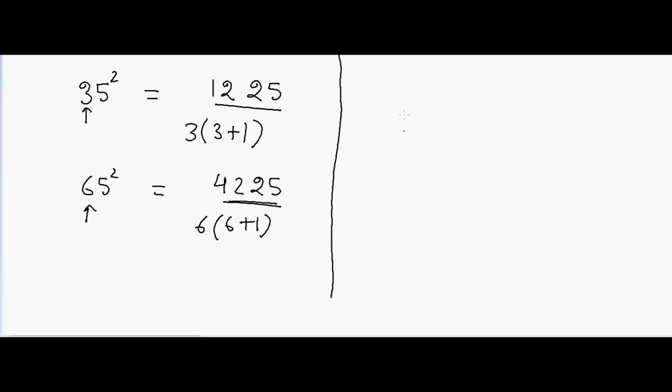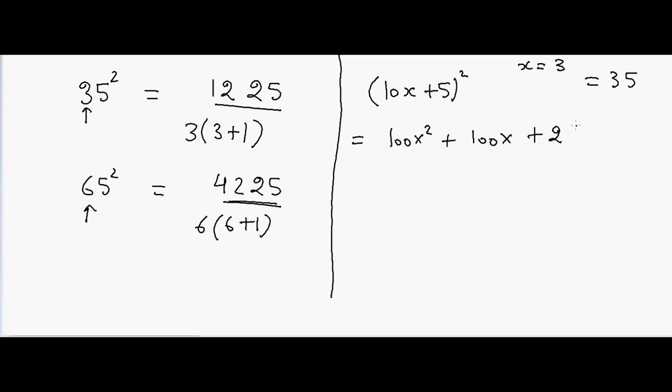Suppose we have any number which ends with 5. That number can be written as 10x plus 5. Here, if x is equal to 3, then this number will be equal to 35, right? So if we have 10x plus 5 and we want to square it, that will be equal to 100x squared plus 100x plus 25.